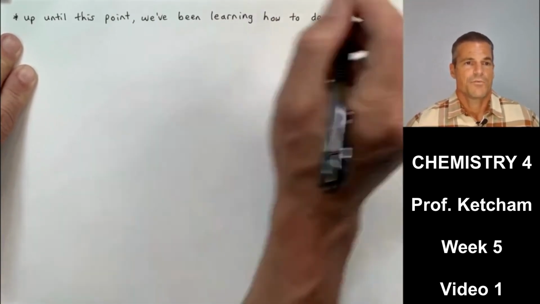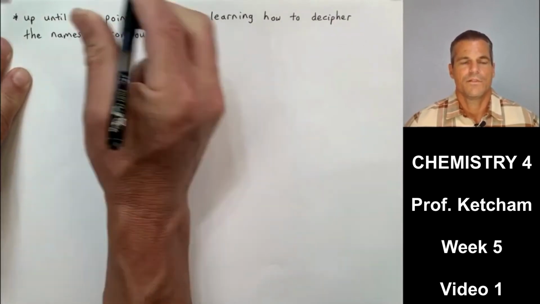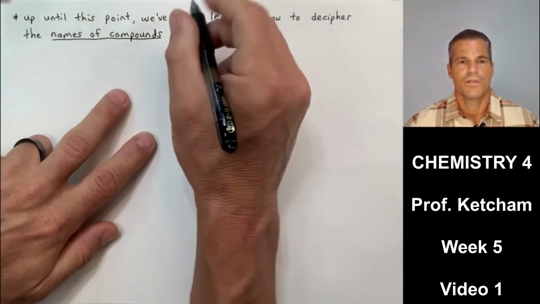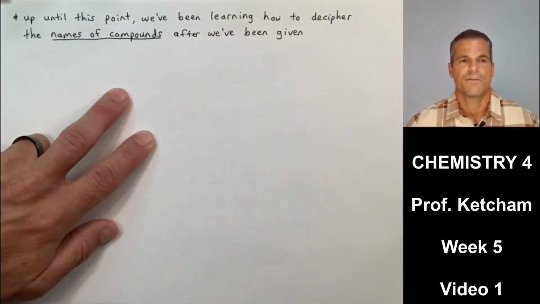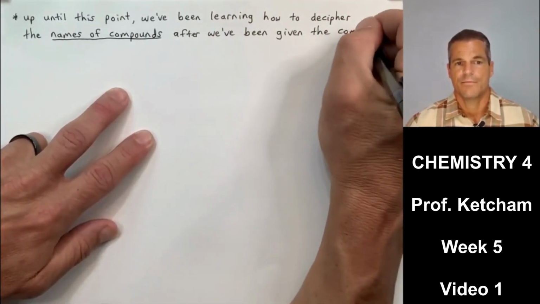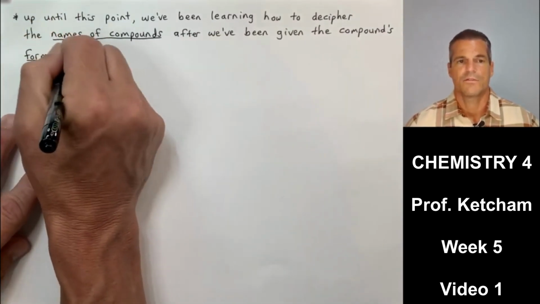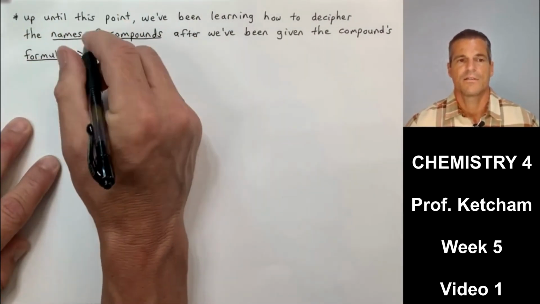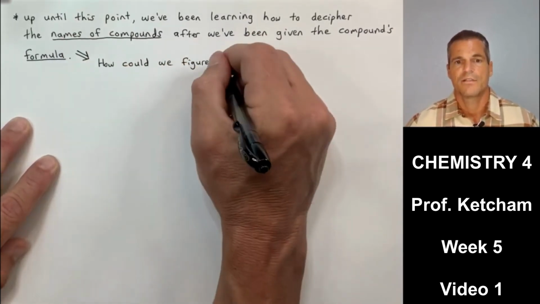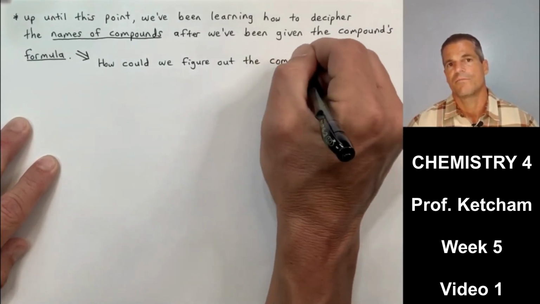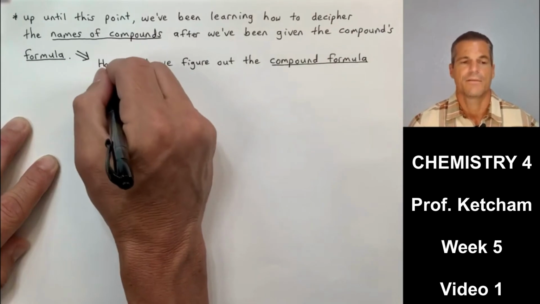All right, page 3 of our notes here. Well, the notes say, up until this point, we've been learning how to decipher the names of compounds, whether they be ionic compounds or the covalent compounds we just discussed, after we've been given the compound's formula, the molecular formula, the ionic formula.